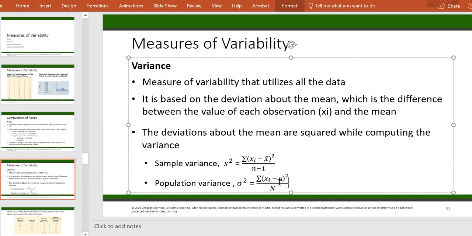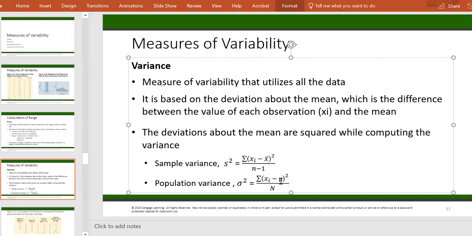So deviations of observations from the population mean, if you square them and take the sum of all these observations divided by the number of observations, it's going to give you the population variance.